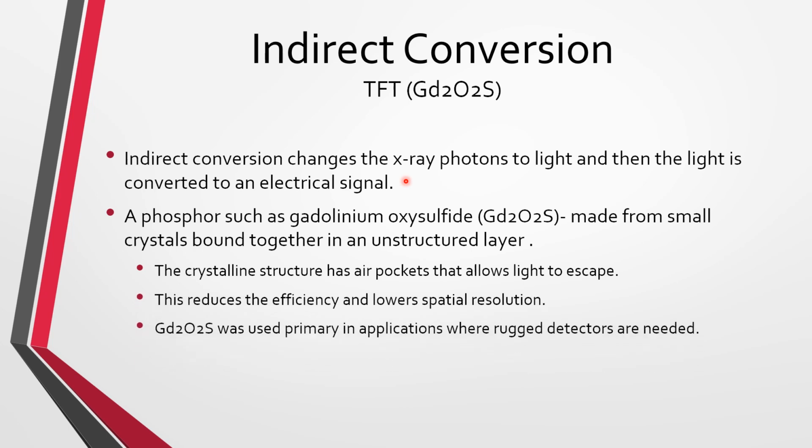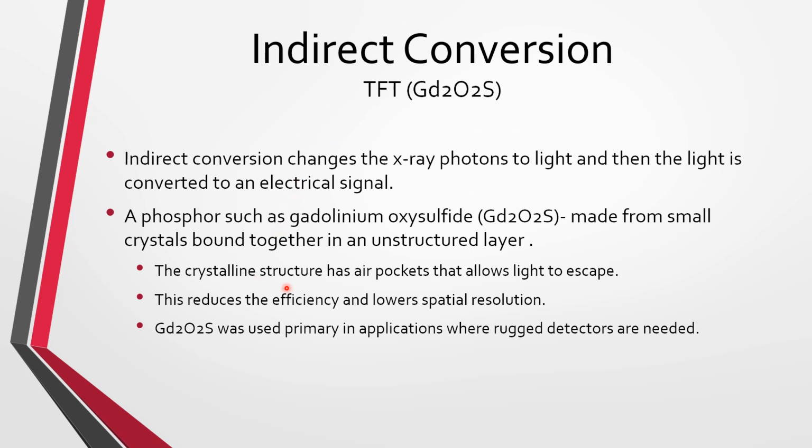Gadolinium oxysulfide was primarily used in applications where rugged detectors were needed, and it was more in the early days, all right? But this is still a capture element that we need to know, because it could be still in use in certain applications. And with some of these phosphors, their manufacturers are getting better, okay? Even though it's the same phosphor, they're getting better at manufacturing it.